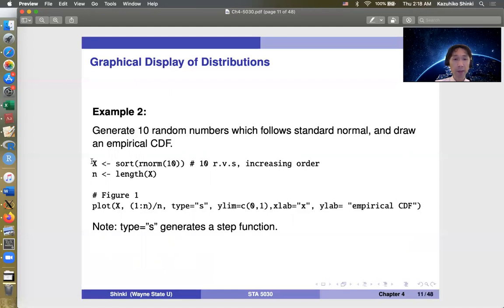That can be written in this way. At first we generate random numbers, then we sort them, and then we make the plot, where the y-axis is 1 to n over n. It should start with 0, then 1 over n, 2 over n, and so on. Here n is 10.